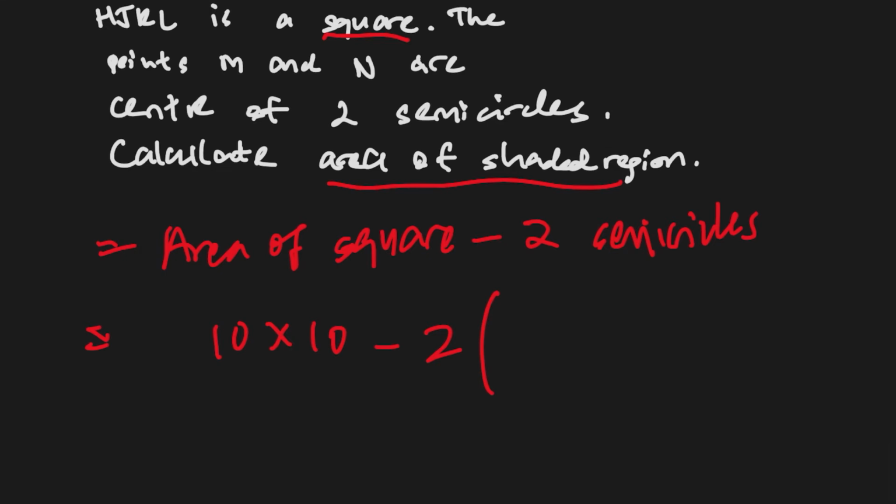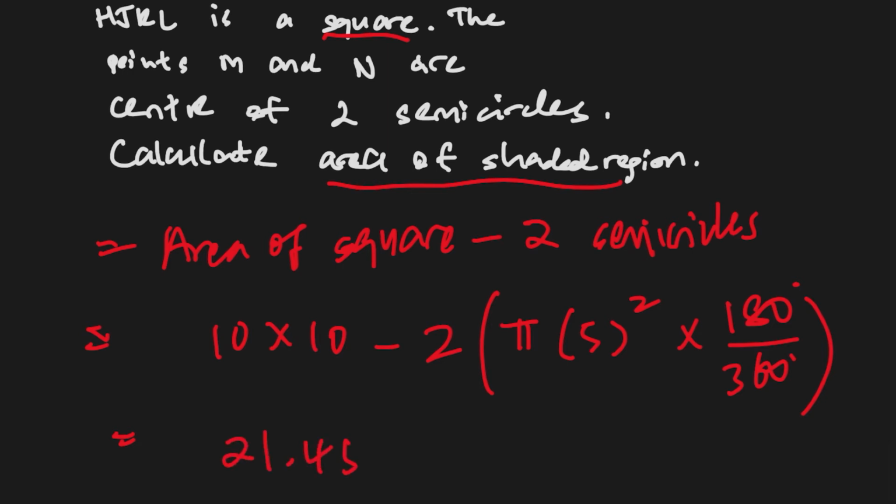Semicircle will be pi r squared, multiplied by 180 over 360, and you do the maths, we're going to have 21.45 cm squared.